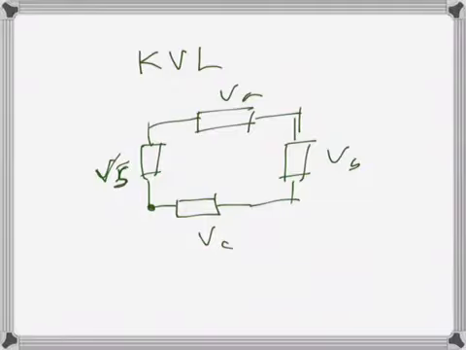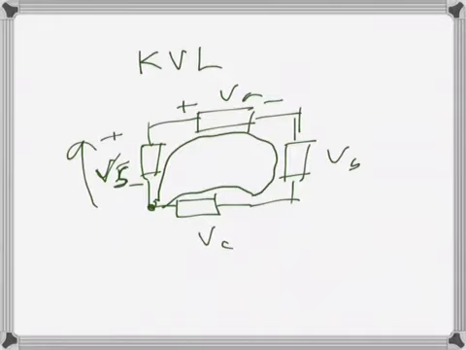So if we start from this one and go through a loop containing elements in the circuit, and we return to that point, we sum up all the voltage drops algebraically. In a source there is a voltage rise, and in a sink there is a voltage drop. If we go there, the voltage increases in that direction. In a sink it drops in that direction.